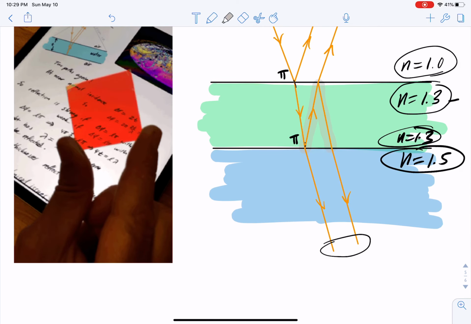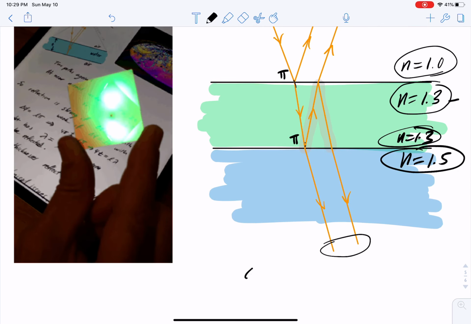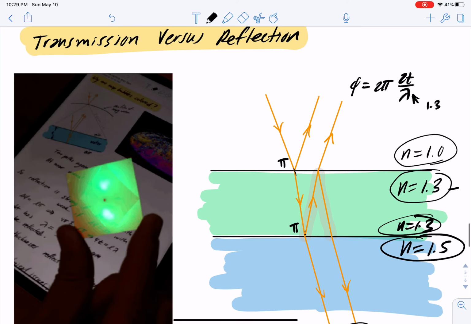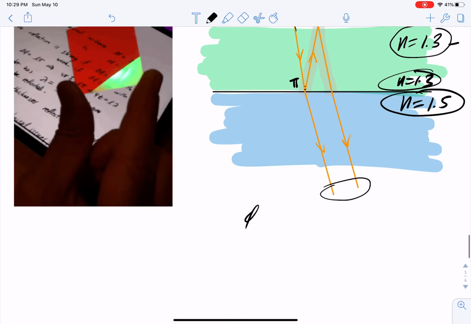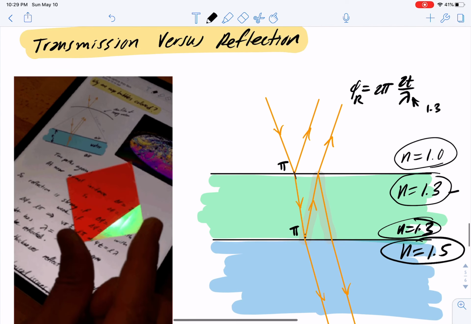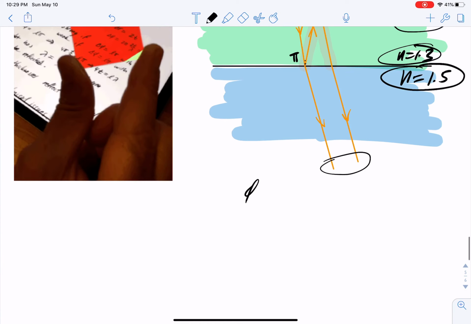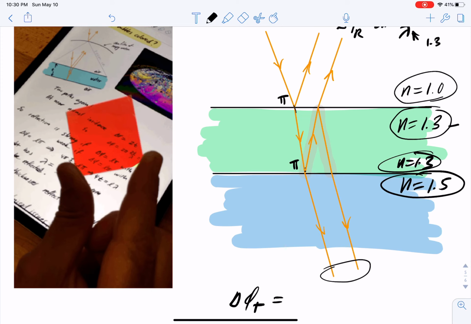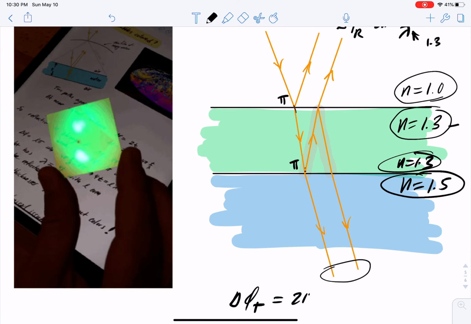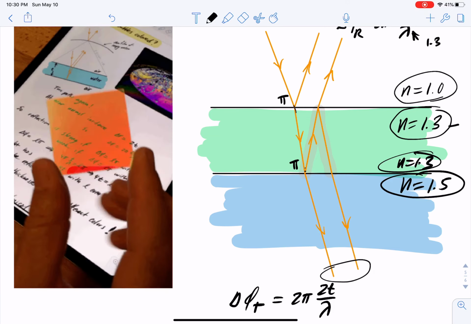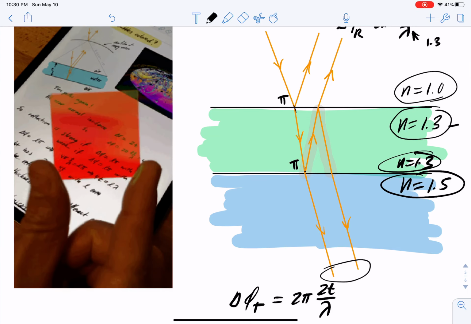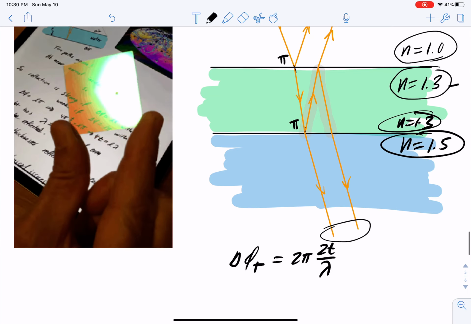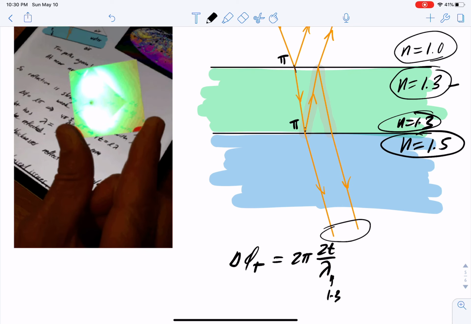So now we have our phase difference for this part. So this was the phase difference for reflection. This will be the phase difference for transmission. Okay, so we have this same part, 2 pi, path difference over the wavelength. Where is the path difference occurring? In the green section again. So this is also that 1.3.